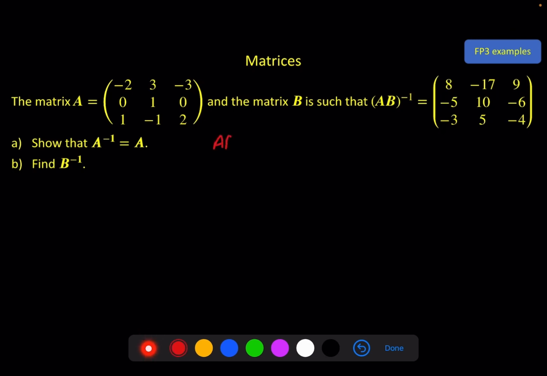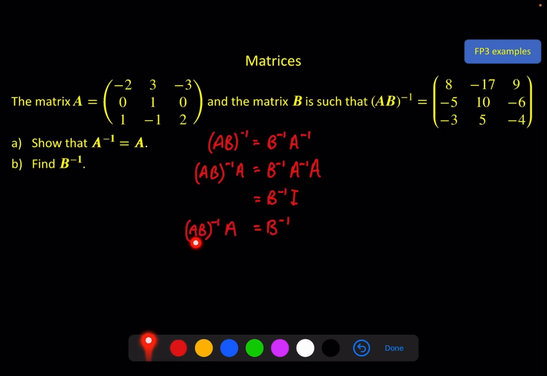We know that the inverse of AB is equal to the inverse of B times the inverse of A. And if we multiply A on the right of both of these sides, we get the inverse of A times A, which is equal to I, so that becomes the inverse of B. And that's useful because we already have this matrix from the question and this matrix from the question. So to find the inverse of the matrix B, we just need to do a matrix multiplication.